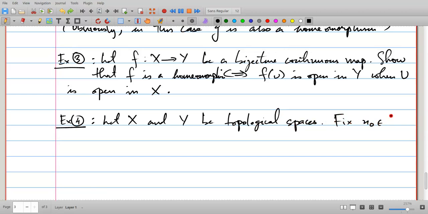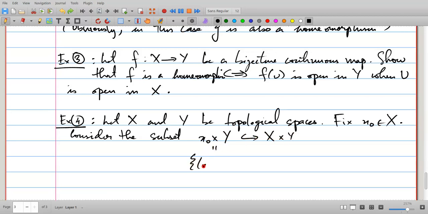We fix an x naught in X and consider the subspace x naught cross Y contained inside X cross Y. These are all points of the type x naught comma y, where y belongs to Y. Consider this subset with the subspace topology.